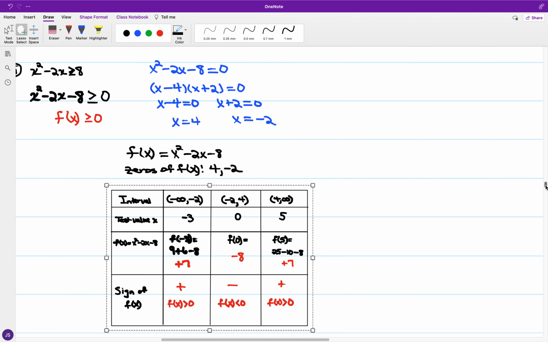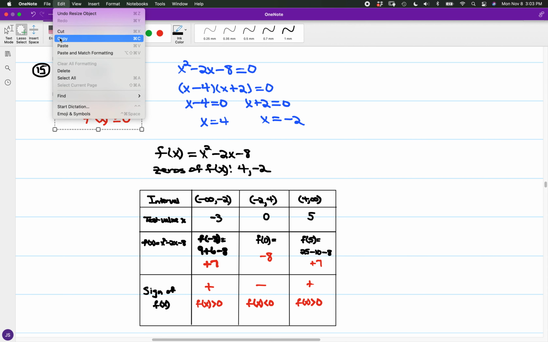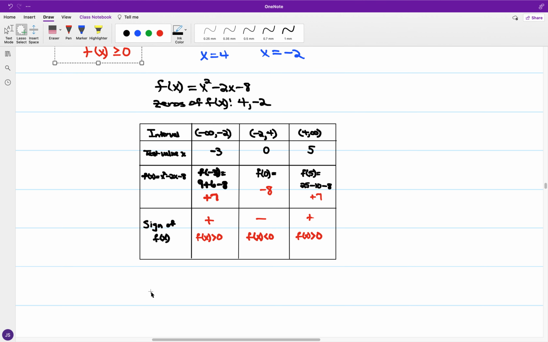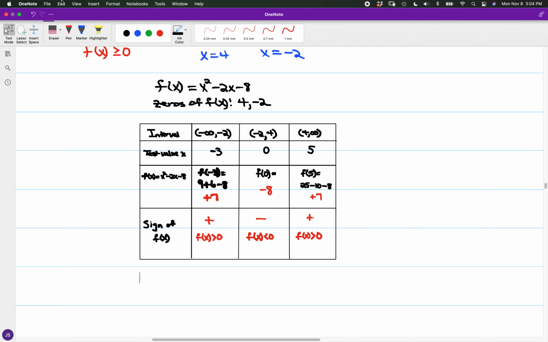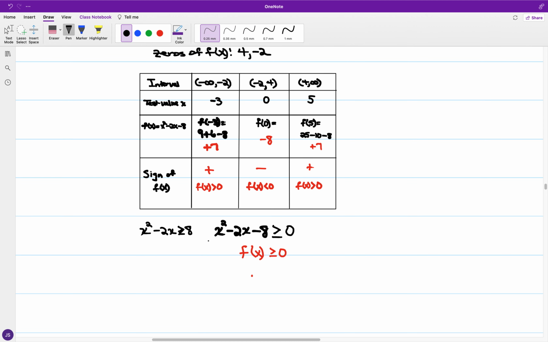For the inequality we started out with, again we had to translate it into a comparison to 0 in order to set up this table above. So you had x squared minus 2x greater than or equal to 8, and this translated to x squared minus 2x minus 8 is greater than or equal to 0.